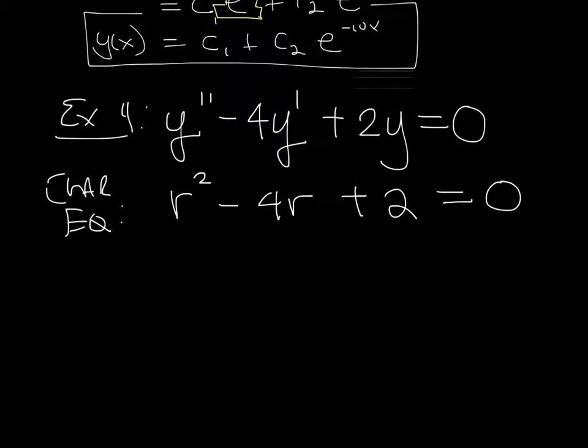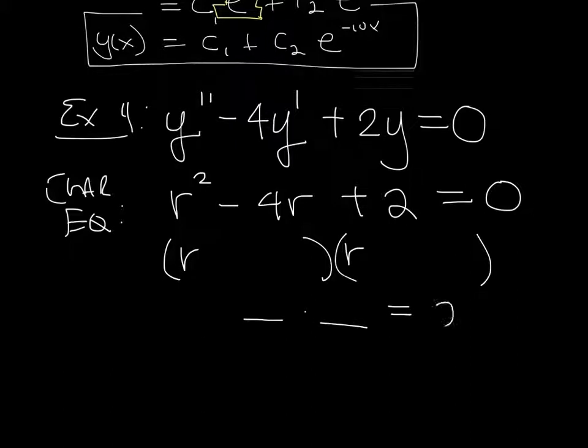Here, if you try to look for a GCF, there isn't one, because the coefficient's 1. If we try to factor, which you always want to do first, r times r is r squared. Here we're looking for two numbers that multiply to give me 2, and the same numbers have to add up to -4.